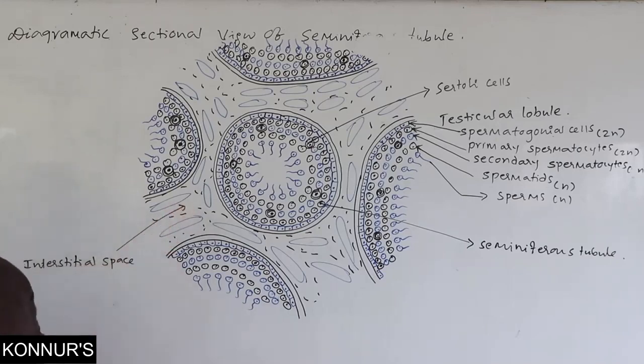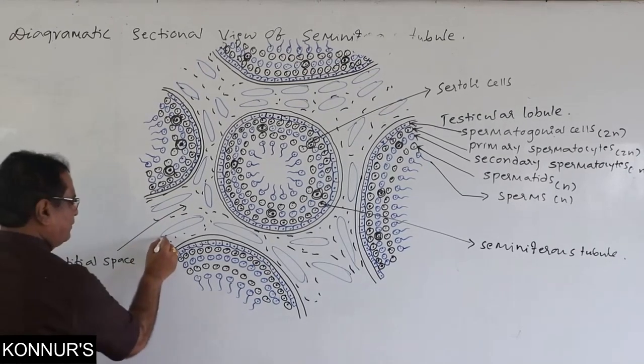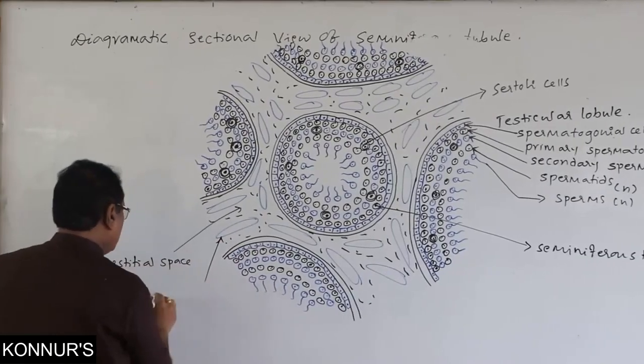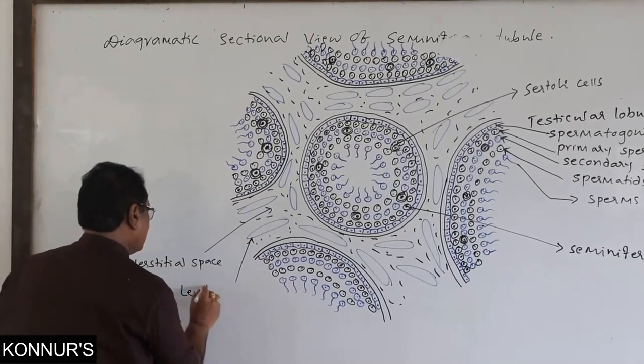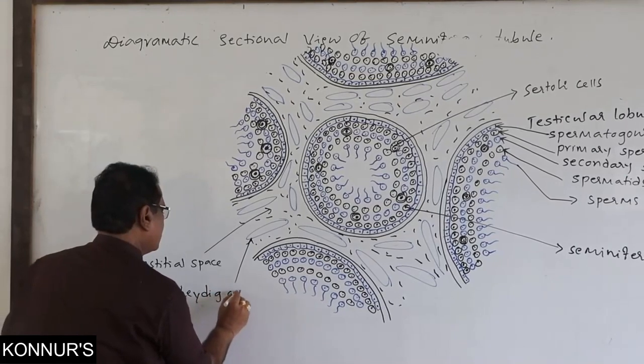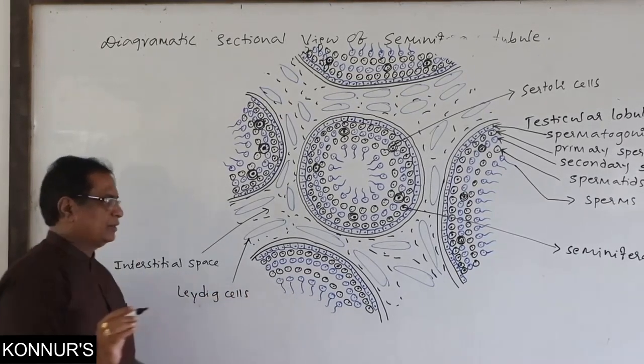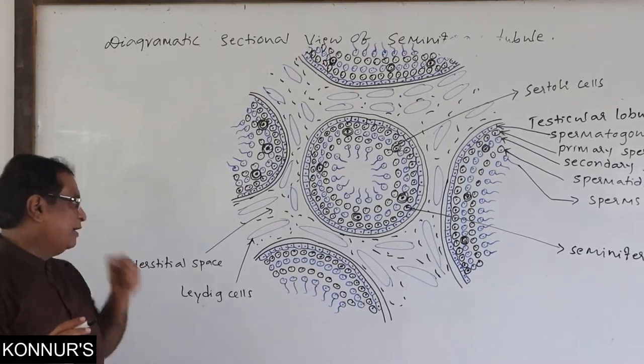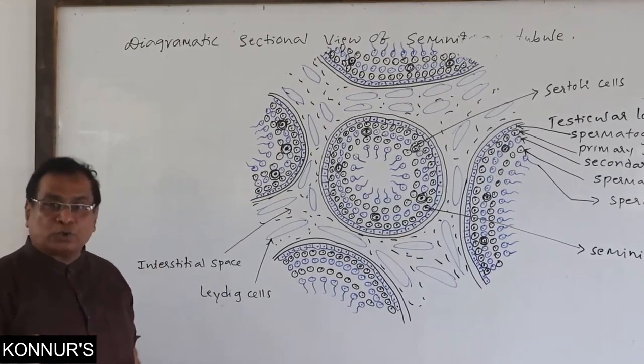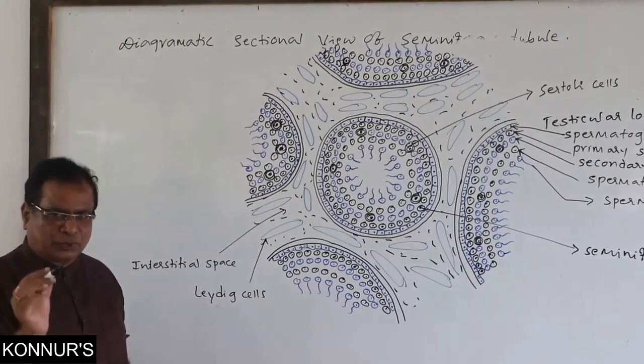In this interstitial space, we do see another type of cells: Leydig cells, meant for the production of androgens, named testosterone.